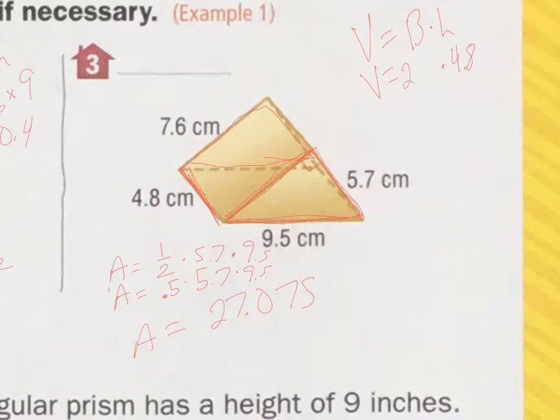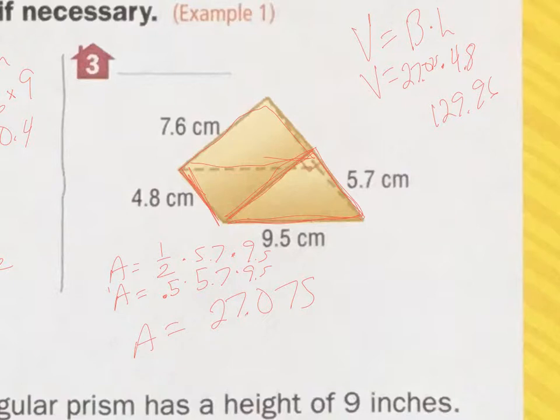Okay? 27.075. I times that by 4.8, and I get 129.96, which is not what they have in the book.